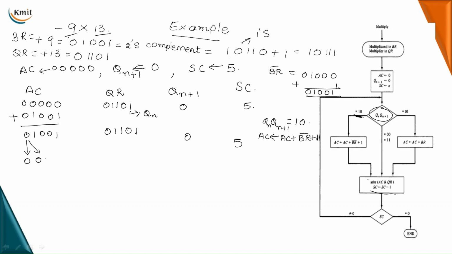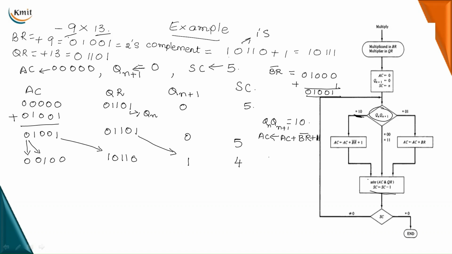The remaining bits you shift towards the right. So it becomes 100, and this one will come here. So it becomes 10110, and the Qn bit will come in place of Qn plus 1. So it becomes 1, and decrement your sequence counter by 1. The sequence counter is now 4.